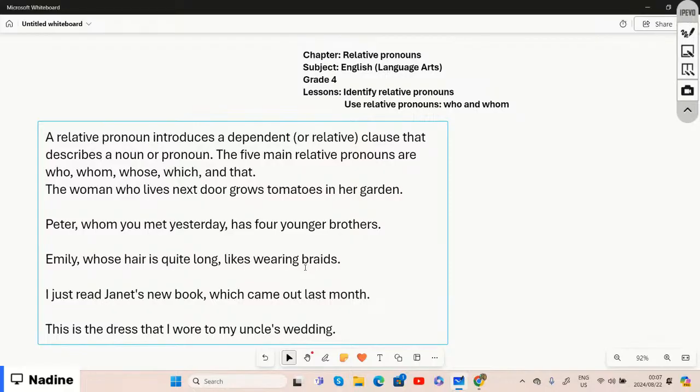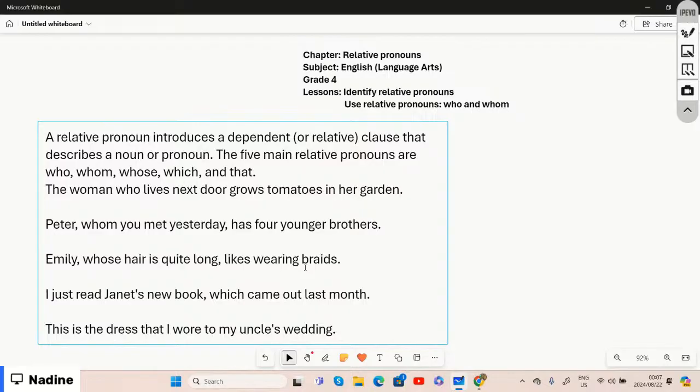All right. So when it comes to relative pronouns, we spoke about reflexive pronouns in our previous lessons, and we said our reflexive pronouns end with self and selves. So now we're going on to relative pronouns.